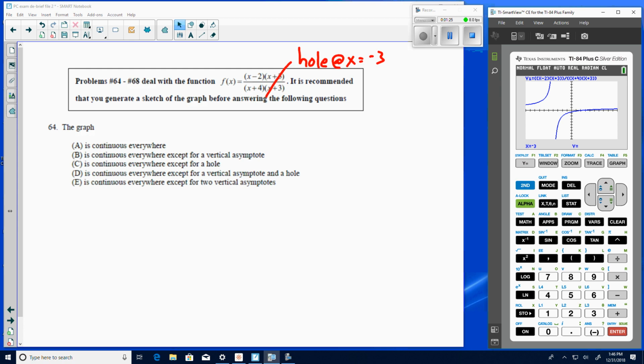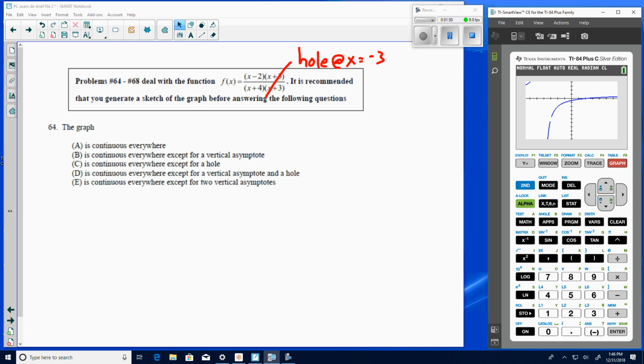Maybe if we do a zoom decimal, we can pick that up. Maybe make the y value smaller, go down to -10 and see if that picks it up. Sure enough, there is a hole. Okay, so we have a hole at -3.